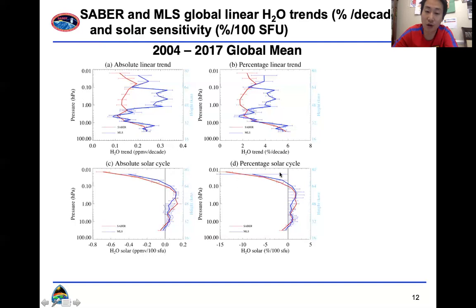There is a very strong negative correlation with the solar cycle, as I just mentioned, because of photodissociation in the mesosphere. And there's a very weak positive correlation with the solar cycle, which needs further investigation. Could be due to changing dynamics.